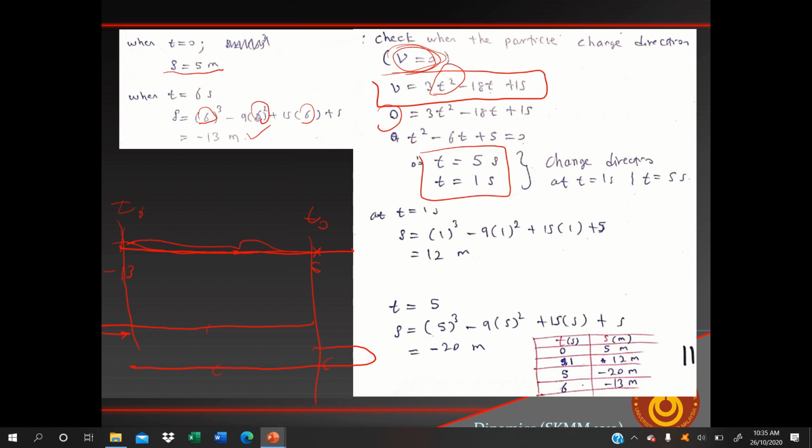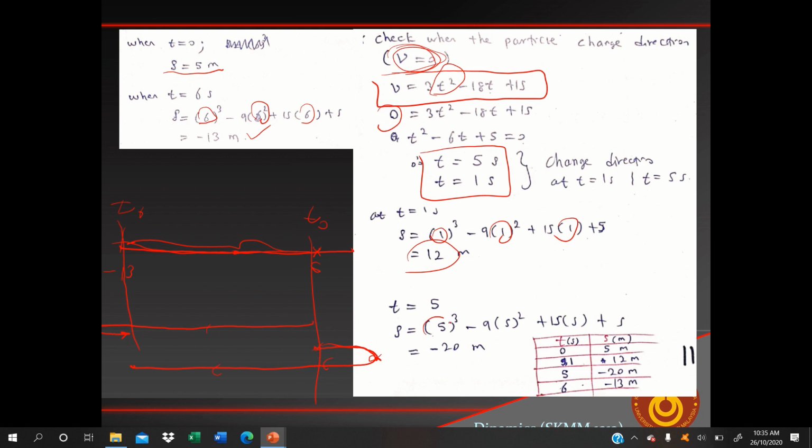So you put t equals 1 in the equation for displacement and get s equals 12 meters. That means it starts from here moving forward, because the change of direction is at a positive value.